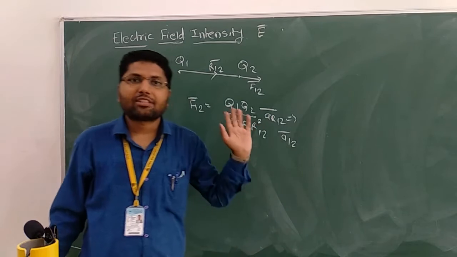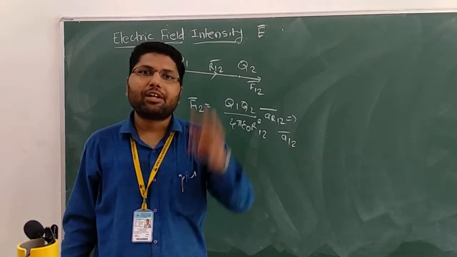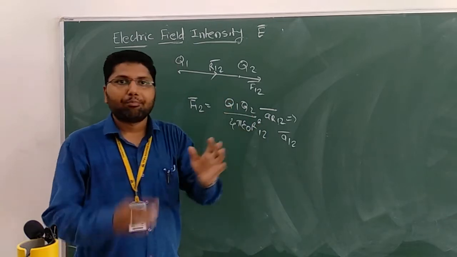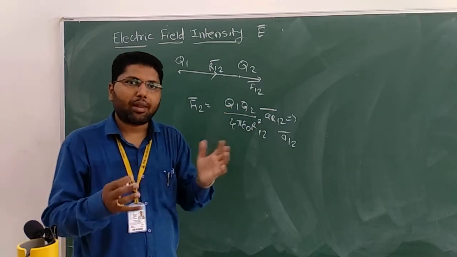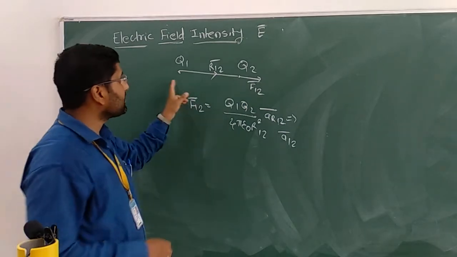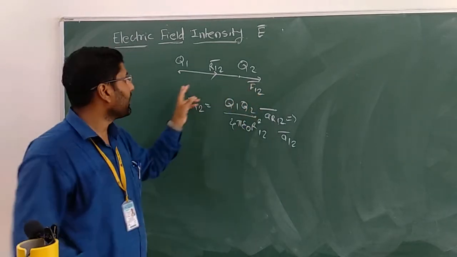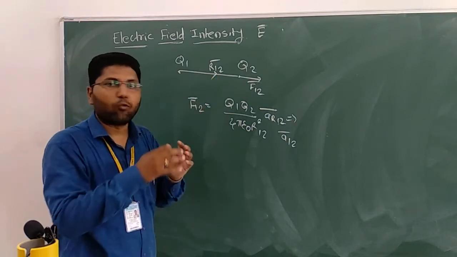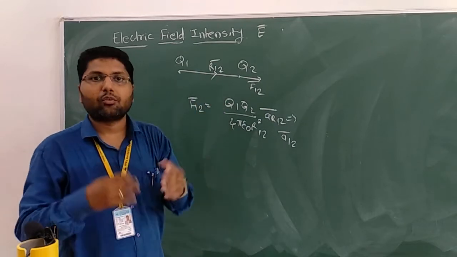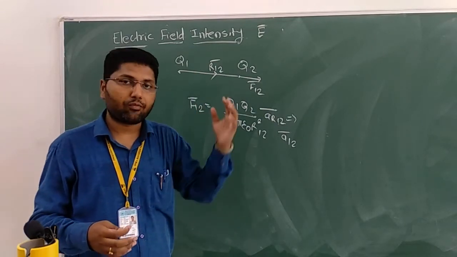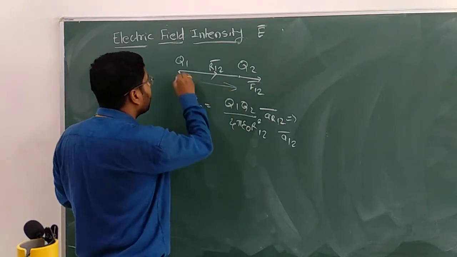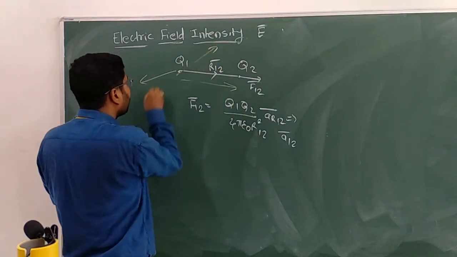Now what is the relation of the force to the electric field intensity? Electric field intensity is related to the force applied by the charges. I will elaborate. Suppose these two charges are available, and Q1 is applying a force on Q2. Then an electric field will emerge around this Q1.